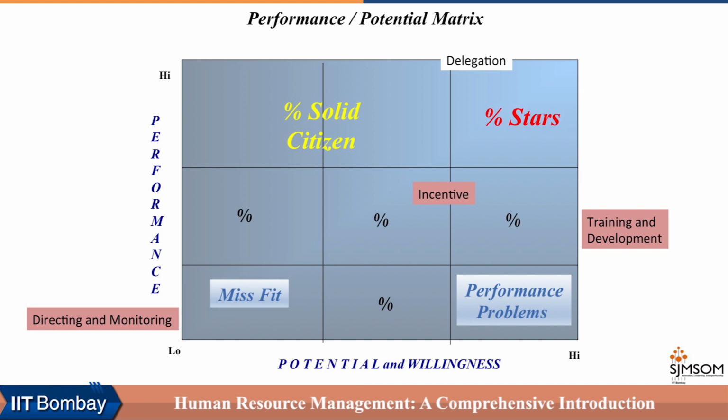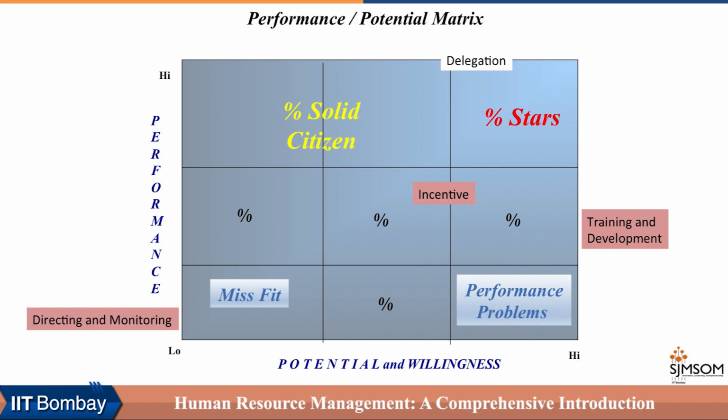The second category of talent can be performance problems, meaning people who are high on potential and willingness, but are not able to perform well. This talent is generally found among the group earlier in their employment life cycle, so it is found in large percentage at the entry level or frontline management.